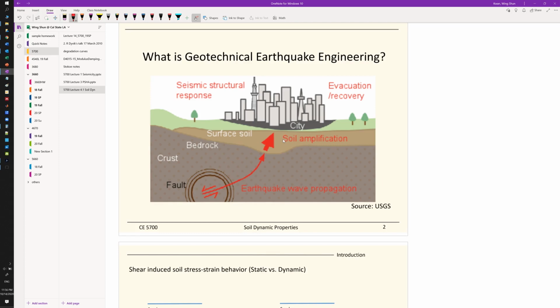And the seismic site response analysis starts when the earthquake energy is released at the bedrock level. So the earthquake happens here, with a lot of propagation of shear waves.